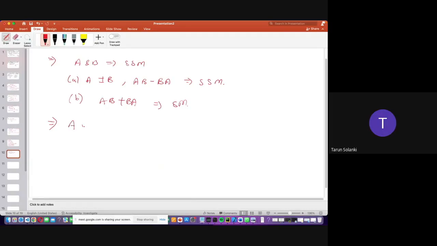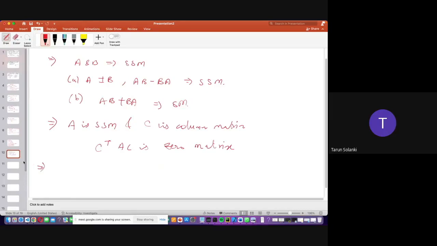Next property is, if A is a skew symmetric matrix and C is a column matrix, then C transpose AC is a zero matrix.